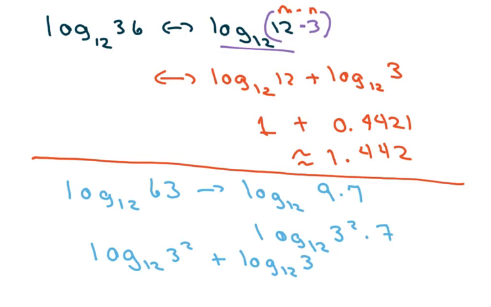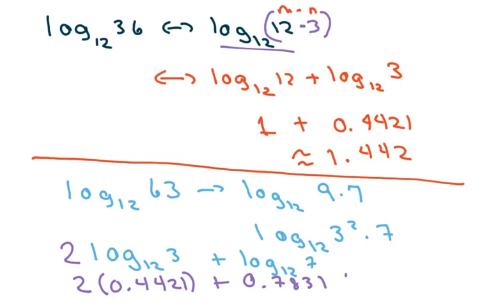And what I'm going to do is change this exponent and move it in front. So we get 2 times 0.4421. Well, this is supposed to be 7, right? So this was 7. Plus, oh, it's not 1, it is 0.7831. And that's going to give you 1.6673.